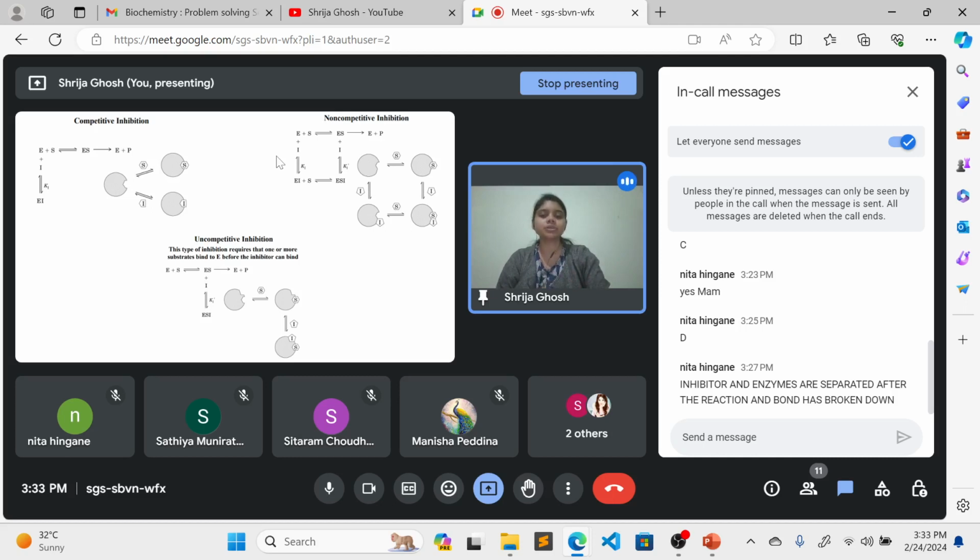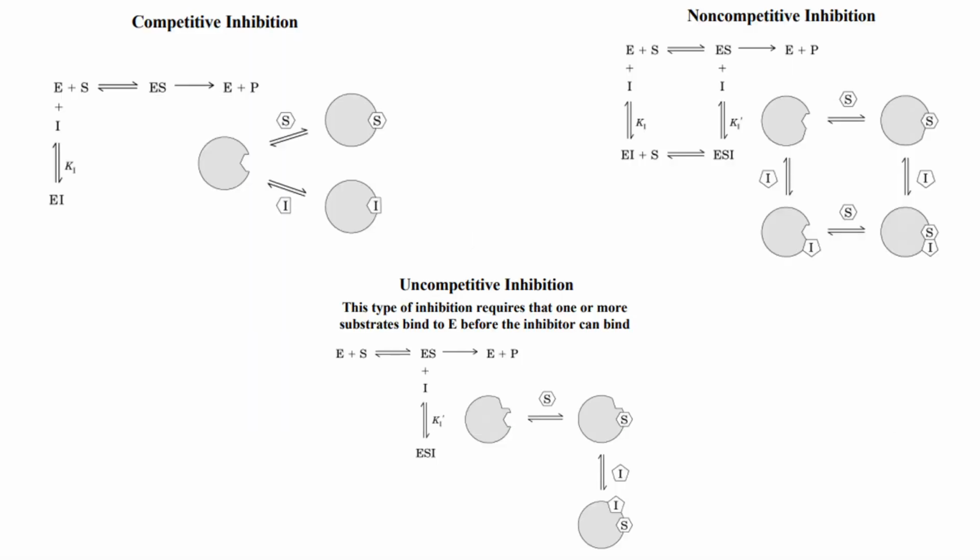If the inhibitor concentration is more, the inhibitor will win the competition and bind to the enzyme, rendering it inactive. So in case of competitive inhibition, either the substrate can bind to the enzyme or the inhibitor can bind to the enzyme. So the total free enzyme concentration will remain the same.